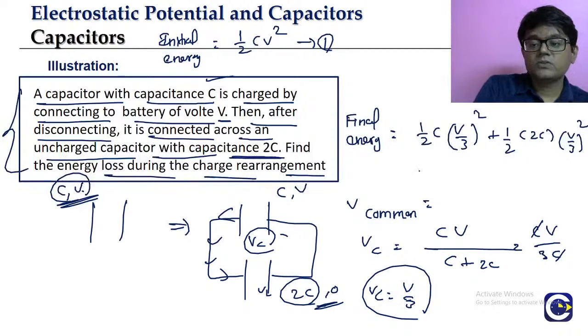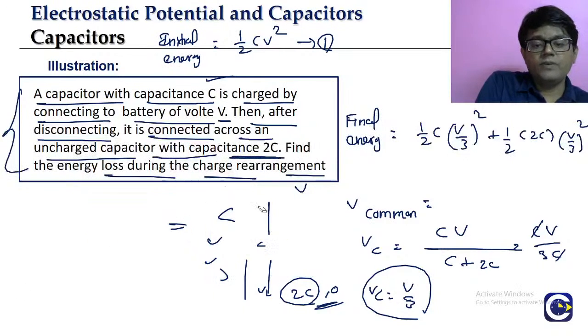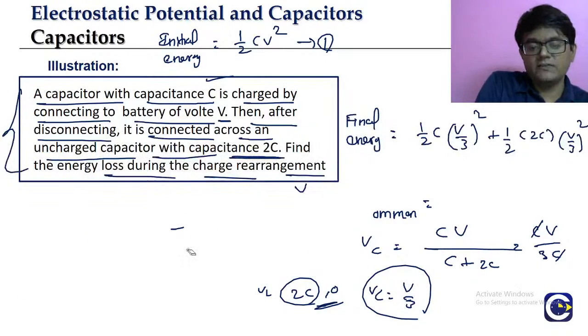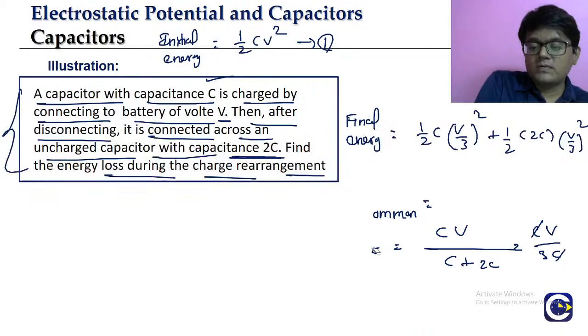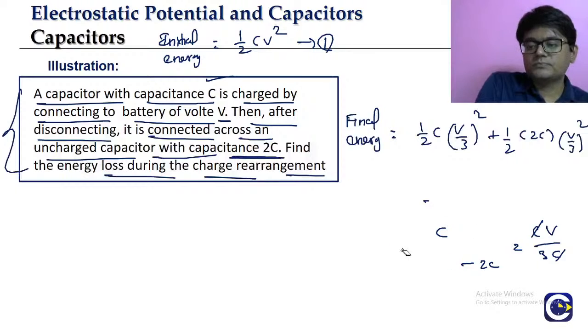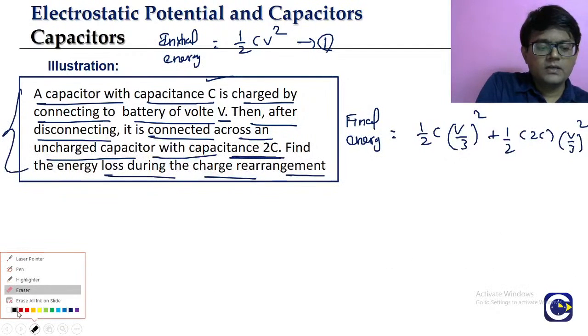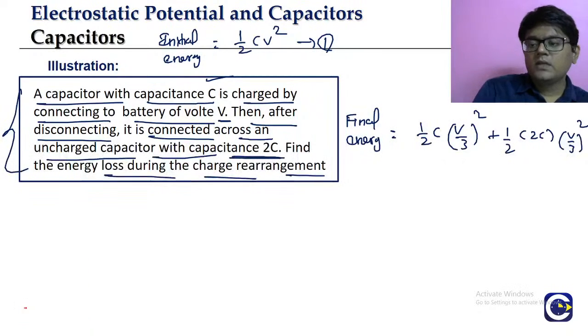Okay, so what is it? That's all. We simplify this value and we will be able to know what is the final energy. Final energy will be on both capacitor 1 as well as capacitor 2. Look, what is it that is going to come? Taking V by 3 the whole square common, and half also we can take common. So what is it?